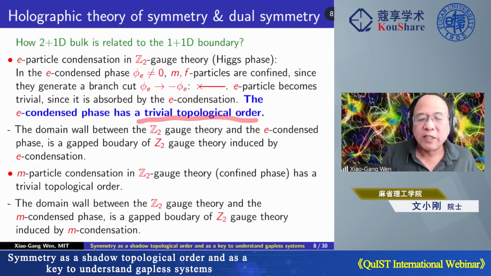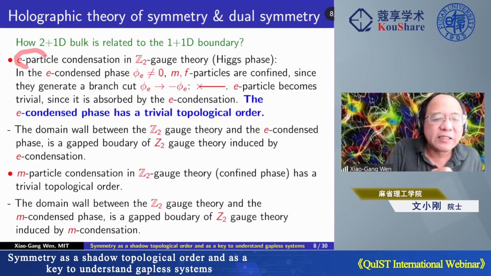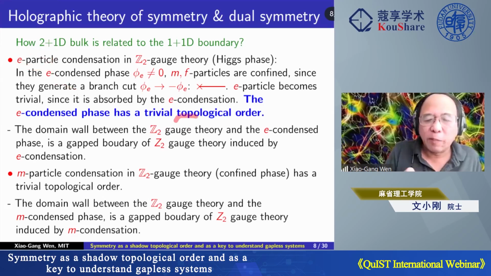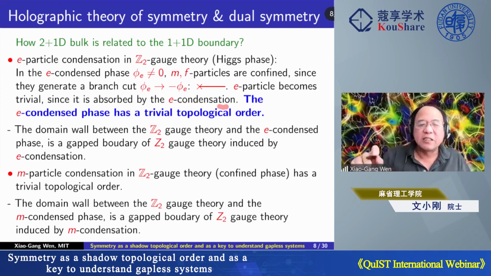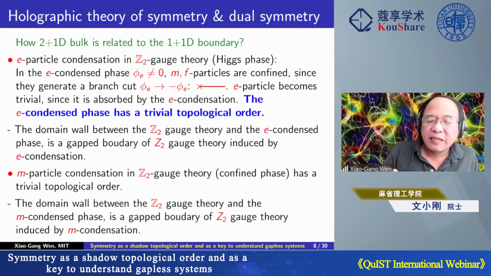So basically the E condensation would give us a trivial topological order. And then we can imagine that there's a domain wall between this trivial topological order induced by E condensation and the Z2 gauge theory. And this domain wall is also gapped. Okay. And then we say this domain wall is induced by the E condensation.